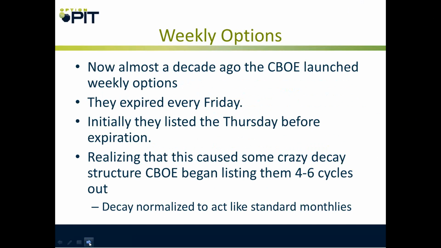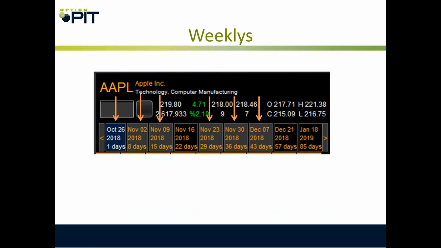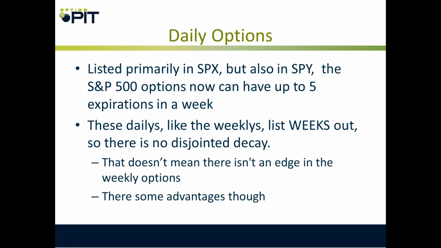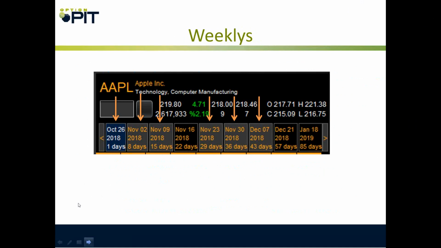All right, so they now kind of decay. Now weeklies act very similar to standard contracts, or monthlies as they're called. So here's Apple from last week. I want to show you, look how many weeklies they have. 1, 2, 3, 4, 5, 6.